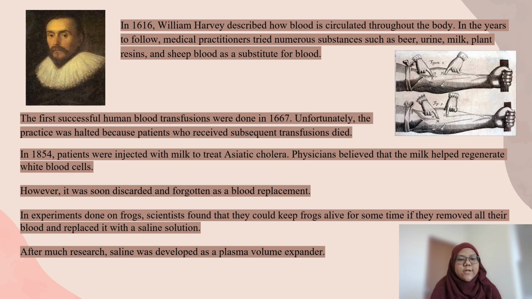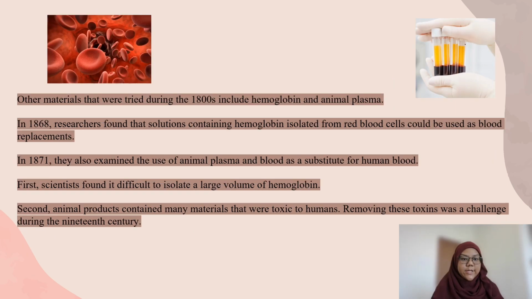In experiments done on frogs, scientists found that they could keep frogs alive for some time if they removed all their blood and replaced it with a saline solution. After much research, saline was developed as a plasma volume expander. Other materials that were tried during the 1800s included hemoglobin and animal plasma.